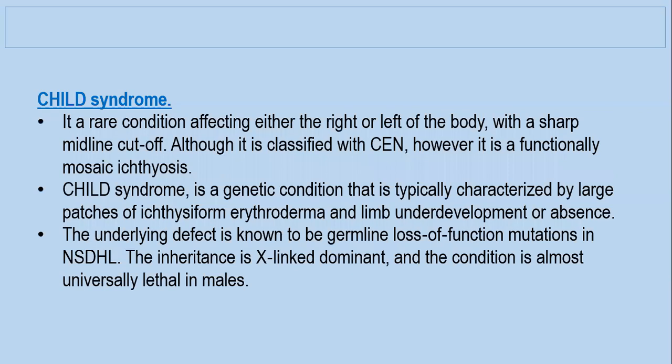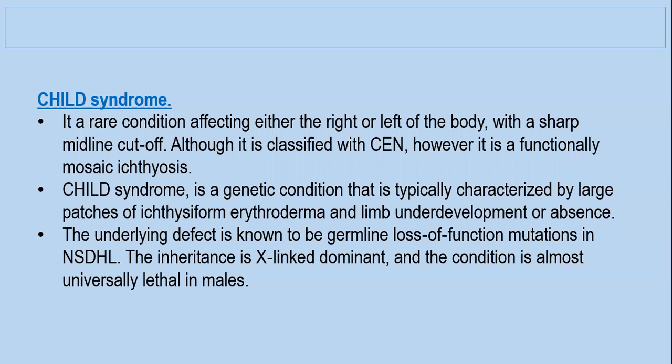Then CHILD syndrome. Again, a rare condition affecting either right or left side of the body with sharp midline cutoff, and it is classified with congenital epidermal nevi. However, it is functionally mosaic ichthyosis. The CHILD syndrome is a genetic condition that is typically characterized by large patches of ichthyosiform erythroderma and limb underdevelopment or even absence of limbs.